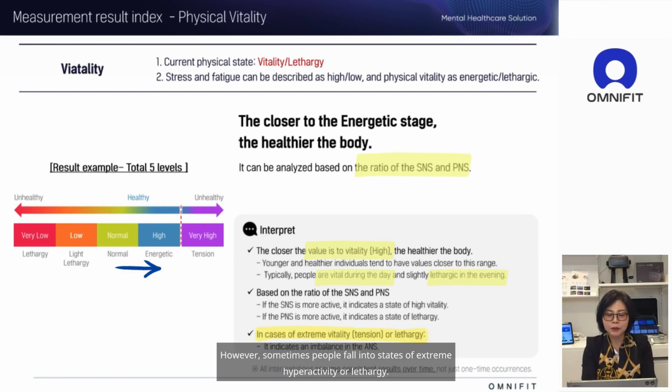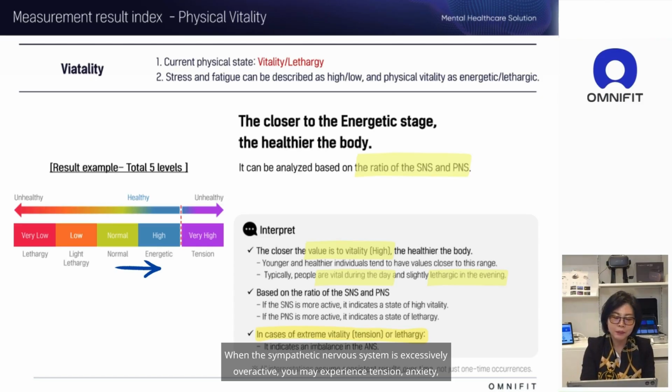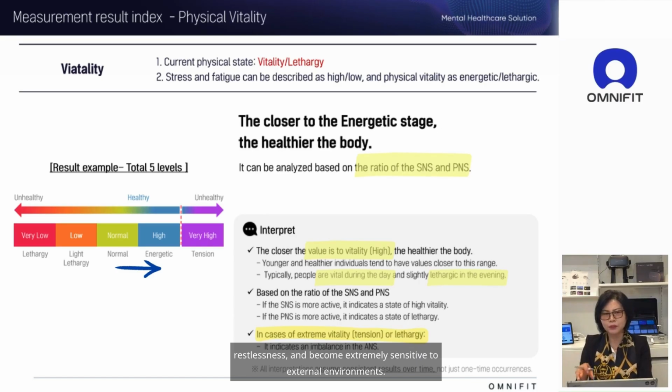However, sometimes people fall into states of extreme hyperactivity or lethargy. This could mean that the balance of the autonomic nervous system is disrupted. When the sympathetic nervous system is excessively overactive, you may experience tension, anxiety, restlessness, and become extremely sensitive to external environments.